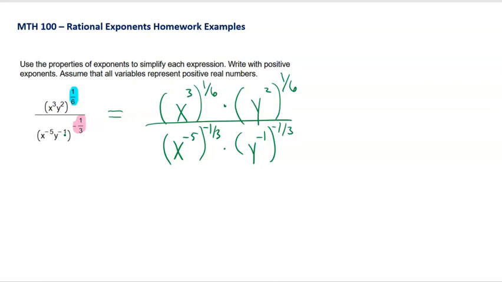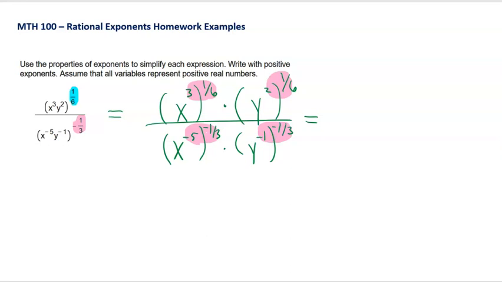Now, what's the next thing we should do? Well, I've got a power raised to a power, right? What am I talking about? Right here. I've got a 1/3 raised to a 1/6, and I've got another one here, a 2 raised to a 1/6, and then another one down here, -5 raised to the negative 1/3, and then this -1 raised to the negative 1/3. I have to multiply those. Remember that rule?